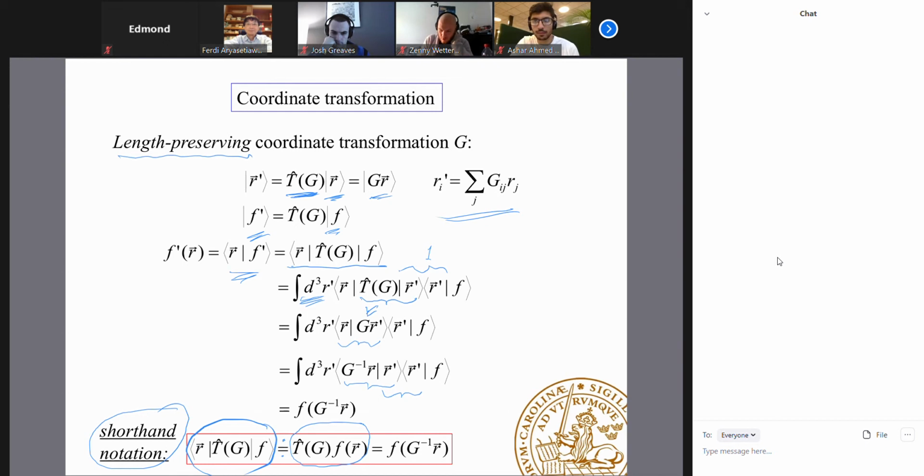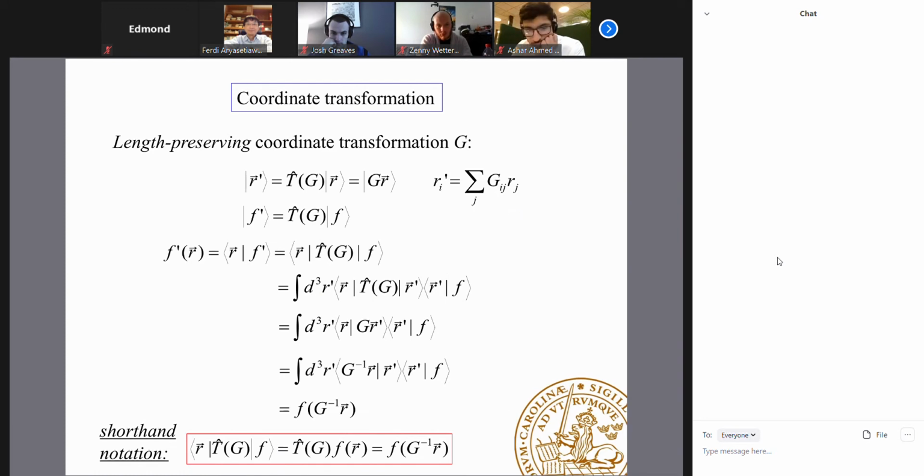I don't know what it means, but it would not be so meaningful. But it is a shorthand, because it's convenient to write it like this. So when we write like that, we mean this one here. So this is the proper way of writing that expression, and that is equal to the original function, but with a rotated coordinate. Okay, so this is just a definition.